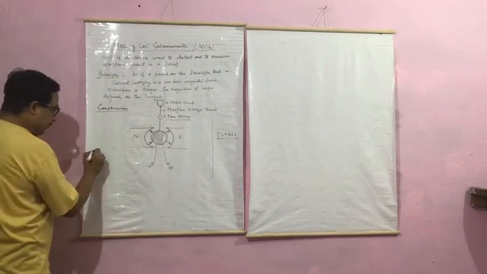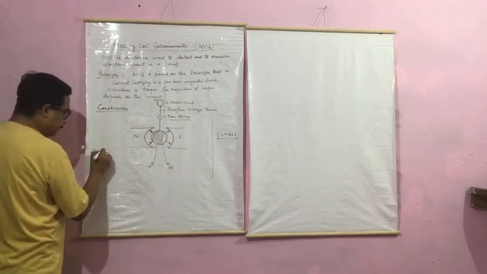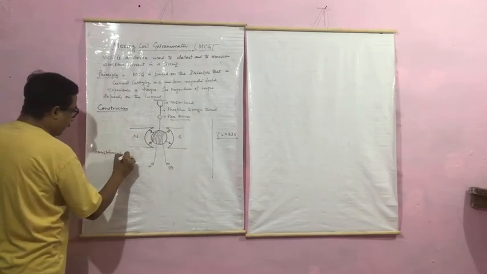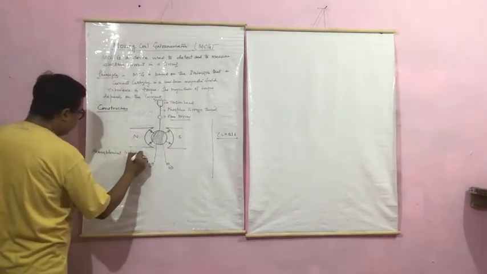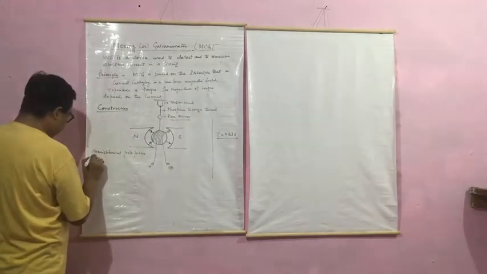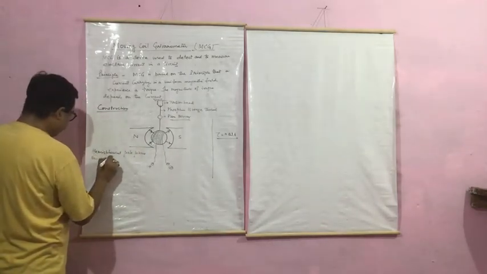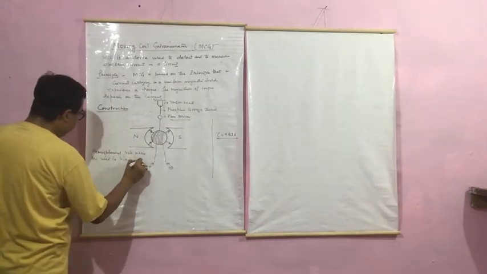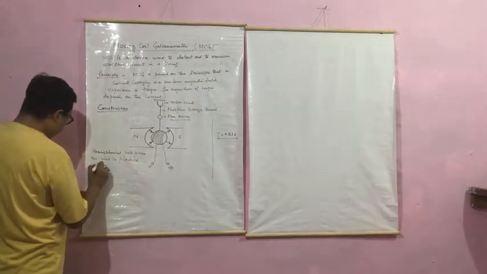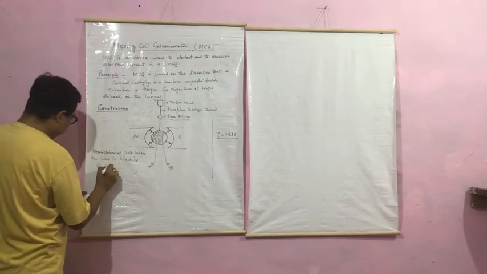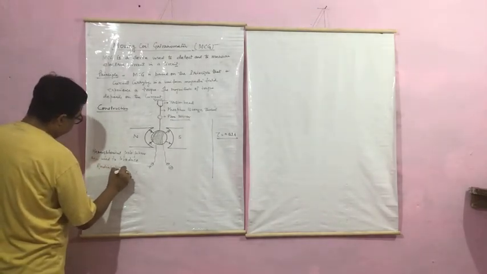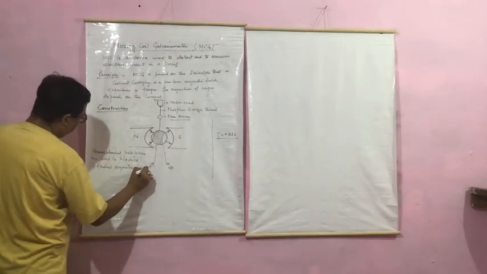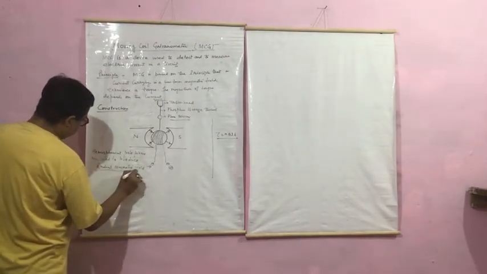So hemispherical pole pieces are used to produce a radial magnetic field.